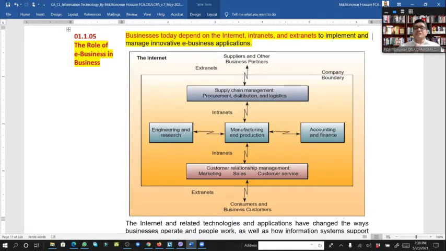This manufacturing and production also depends, within the organization, on engineering research, accounting, and financing, and on supply chain management for procurement and for distribution, needing the distribution channel for selling the products.